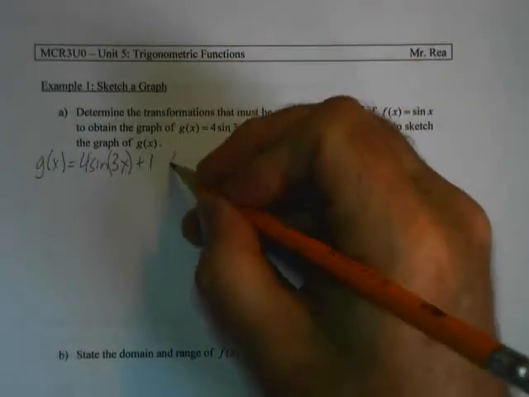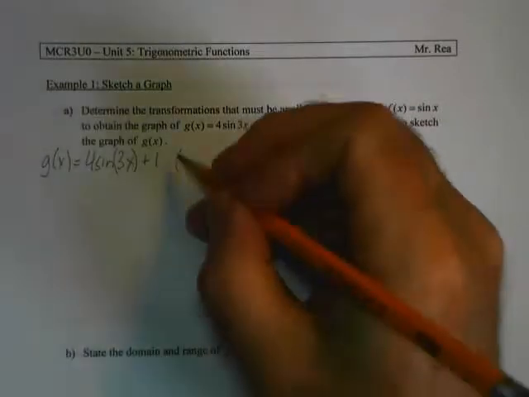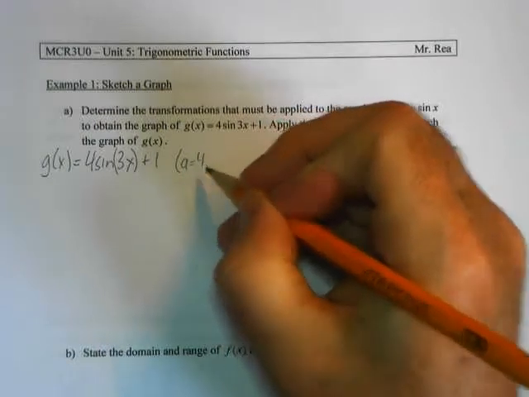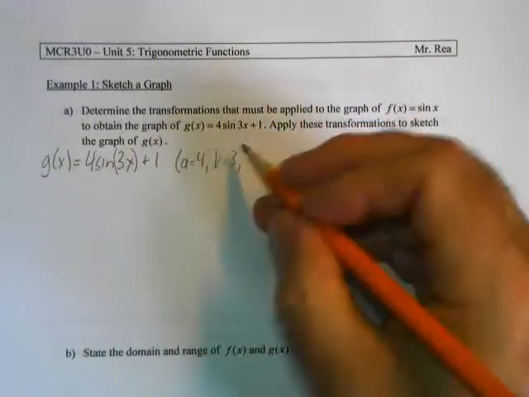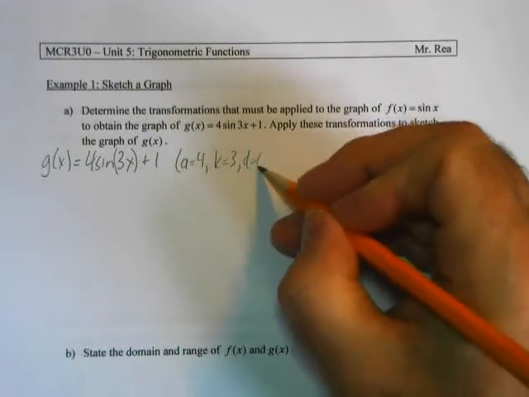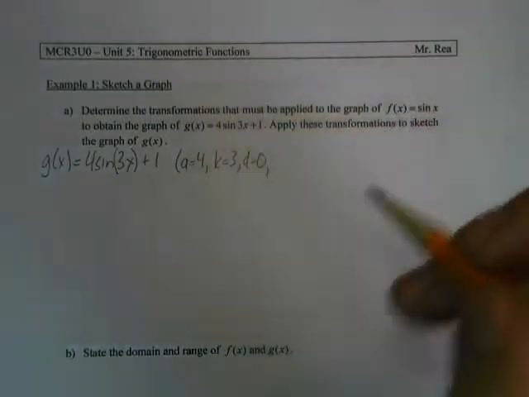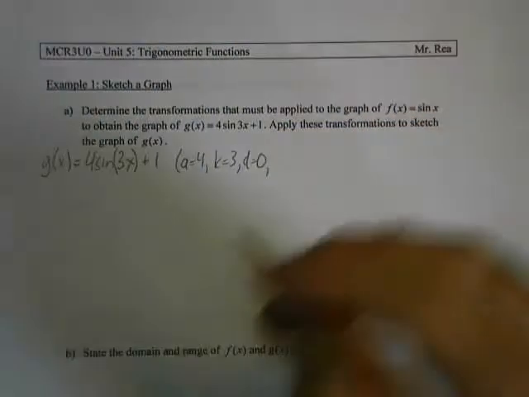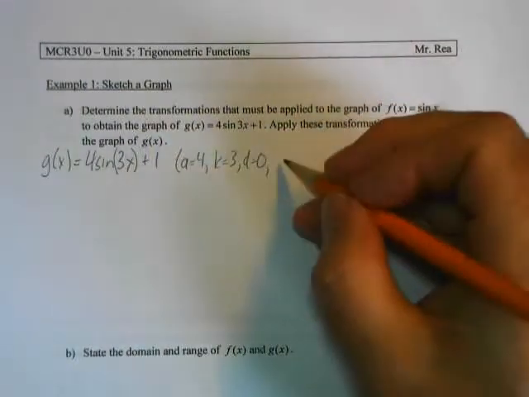And from that equation, I can extract the values of a, k, d, and c. I can see that a is equal to 4. I can see that k is equal to 3. I can see that d is equal to 0 because there's nothing with x being subtracted or added. And the value of c is 1.